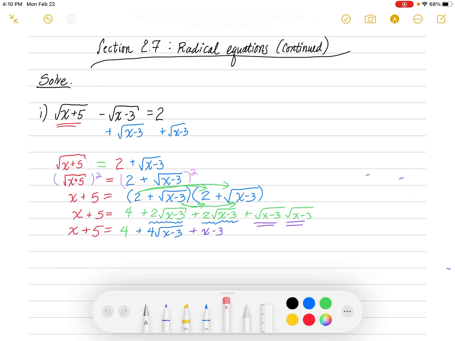Okay, so I've simplified this to a point. Notice that the equation that we currently have still has one radical. And anytime we have a radical in an equation, we want to get the radical expression by itself. So I'm going to get rid of this 4.